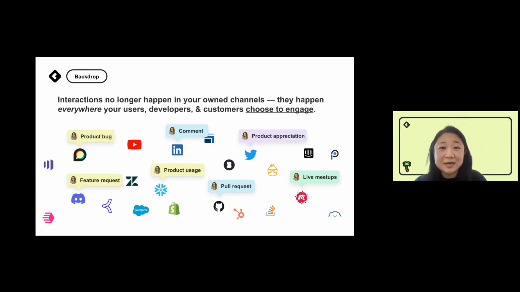Some of our customers, especially for more of the developer-facing tools, have users who have spent a lot of their career on Stack Overflow, whether maybe they were in college and trying to get some best practices there. Throughout the whole span of their career, they continue to talk about the products that they use and answer questions about them via Stack Overflow.